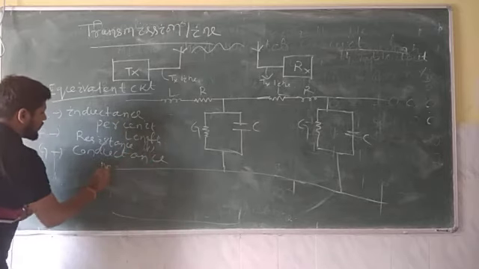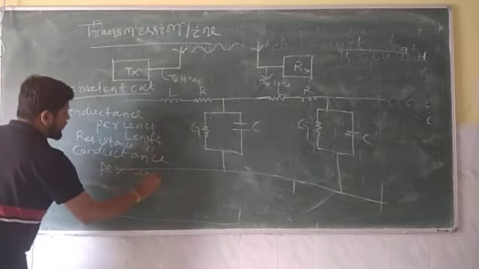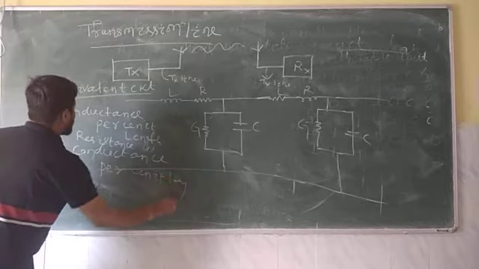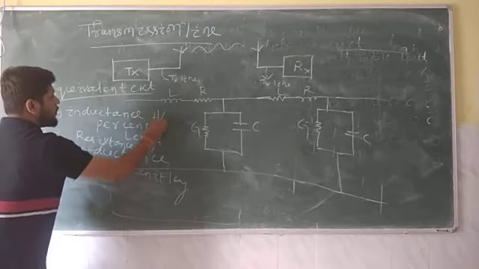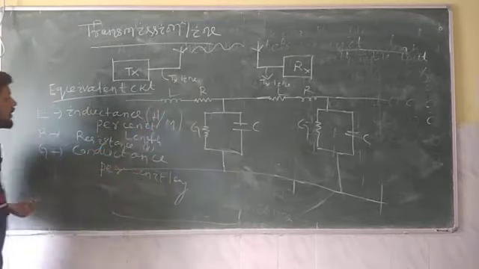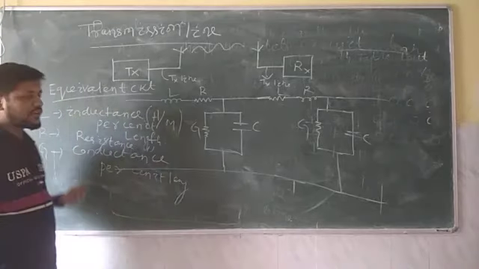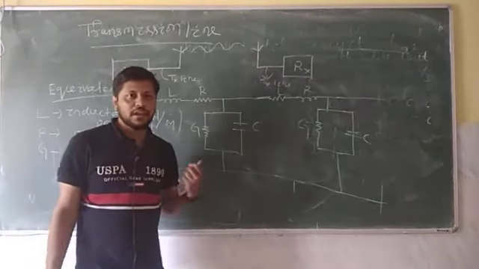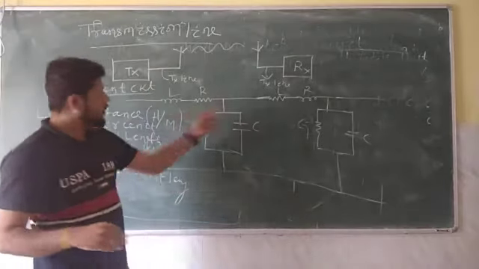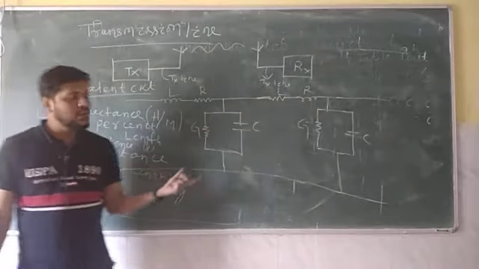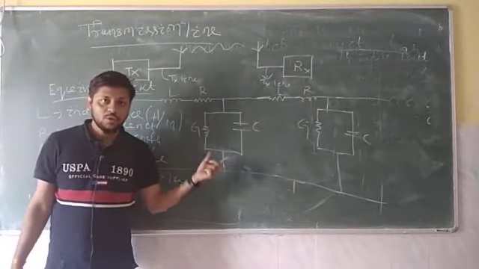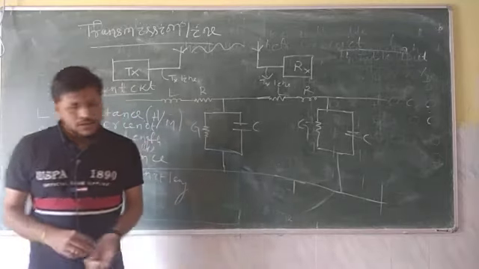That means the inductance unit is Henry per meter, resistance unit is ohm per meter, like that. So this is your equivalent circuit. Kindly remember, they will ask you in a 2 mark question, draw the equivalent circuit of a transmission line.